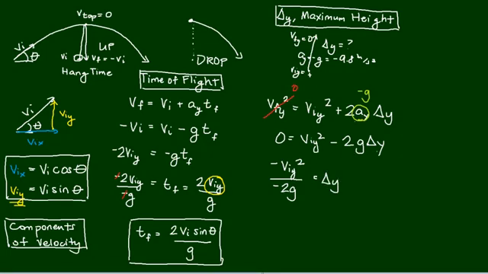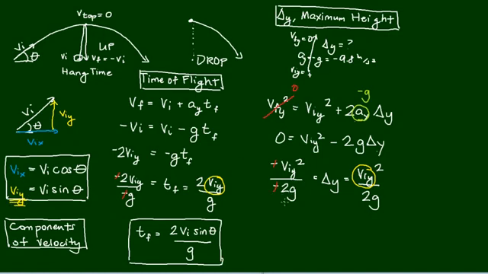Now we can cancel out the negative signs, make them positive, and we can finally come up with the form VIy squared all over 2g. But we also know that this VIy can again be substituted, VI sine theta.